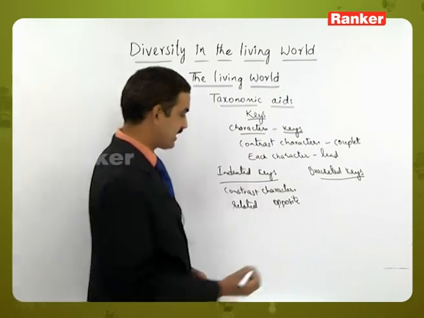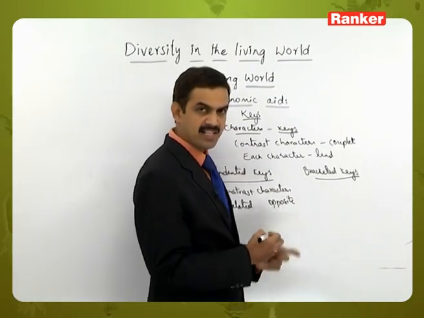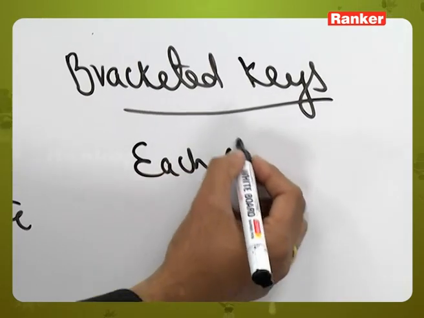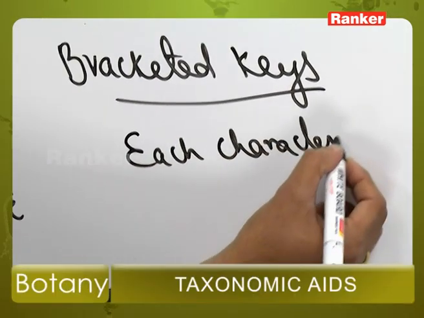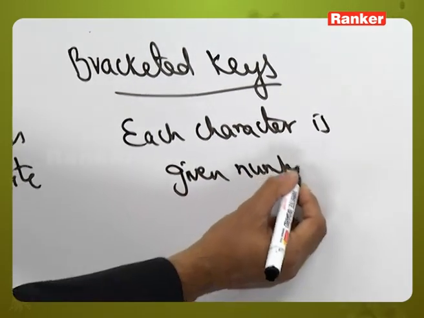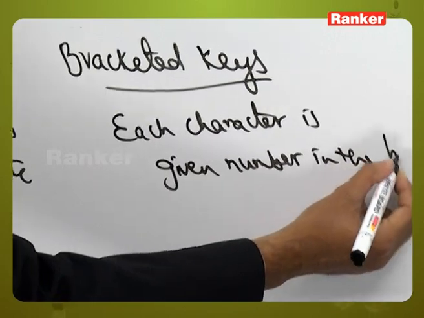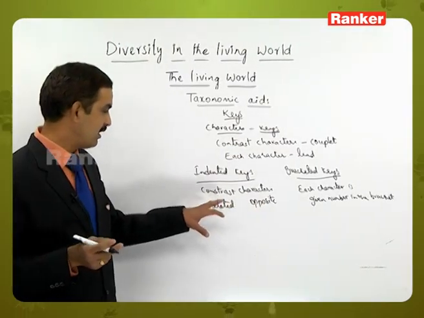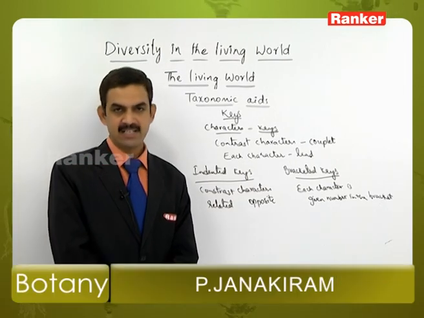Whereas in the bracketed key, there is no such separation as in the indented keys, but each character is given some number in the form of a bracket. That is the difference that can be seen between the indented keys and the bracketed keys.